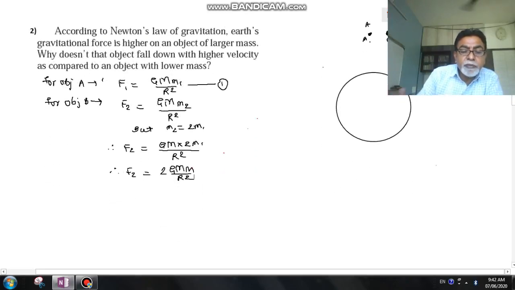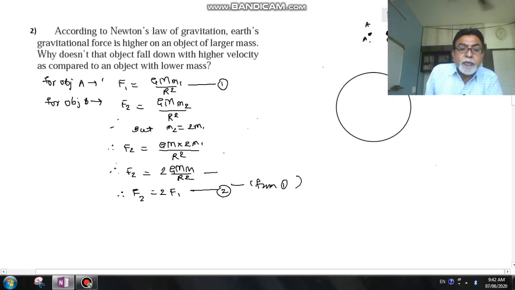And what is the value of this term? From equation 1 we can write F2 is equal to twice F1, and that is already given in your problem, that the force will be greater.